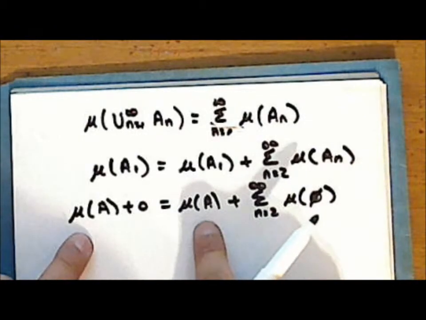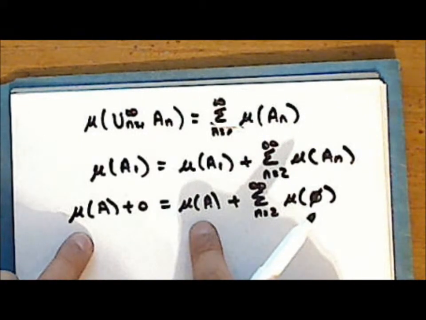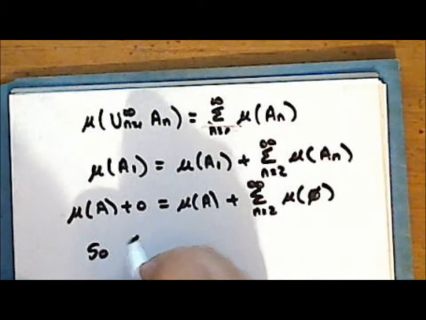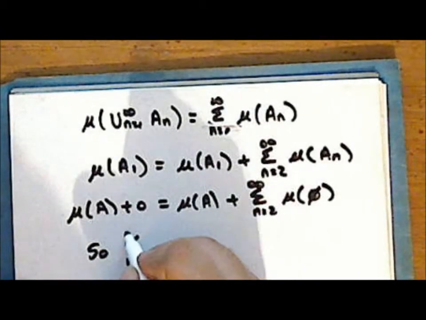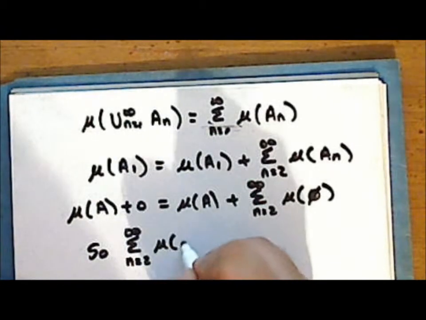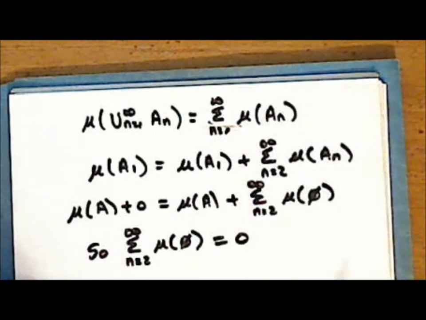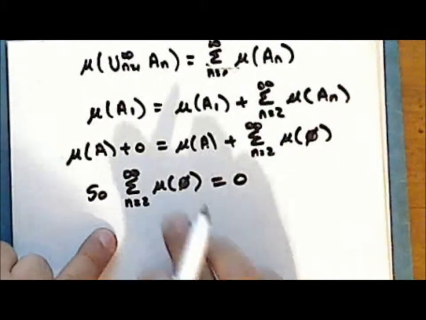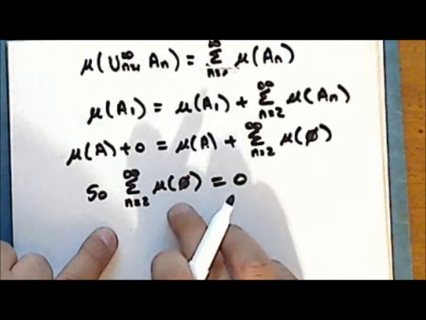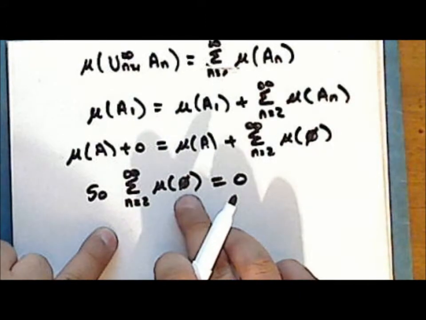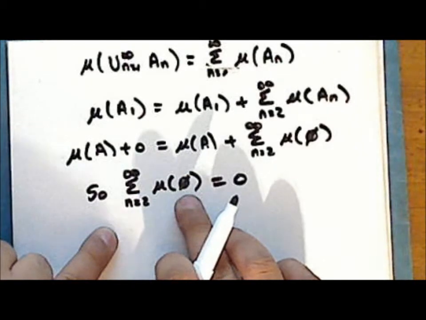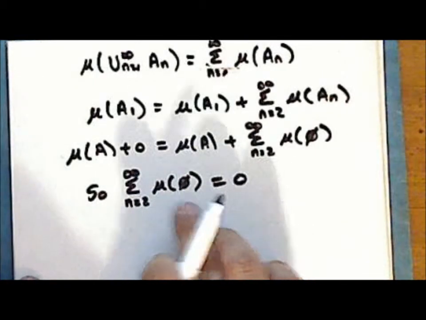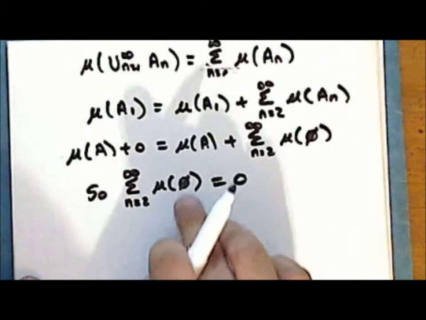And as we have assumed that the measure of A is strictly less than infinity, the cancellation law holds, and so we have that the sum from n equals 2 to infinity of the measure of the empty set is 0. Now this is an infinite sum of a constant term. The measure of the empty set is some number in the non-negative subset of the extended real line.